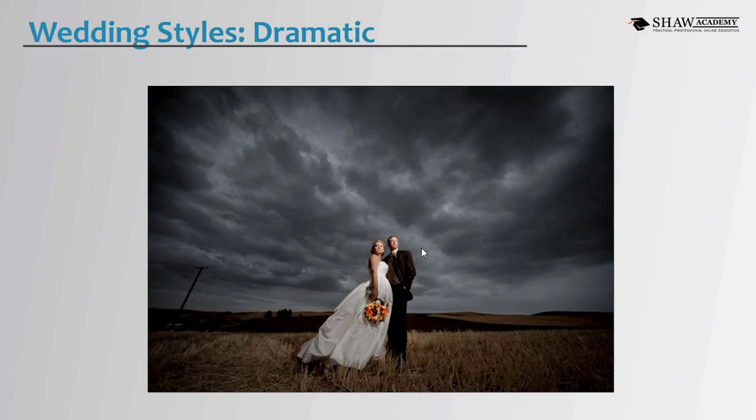And the bride and the groom are looking off into the distance, looking quite confident. Again, the angle is looking up, which is just adding to that dramatic feel. And there's definitely a little pop of light on the couple here, so it's making them stand out from the background. Now, it's definitely a harsher, more dramatic lighting in comparison to the softer lighting of the romantic image.